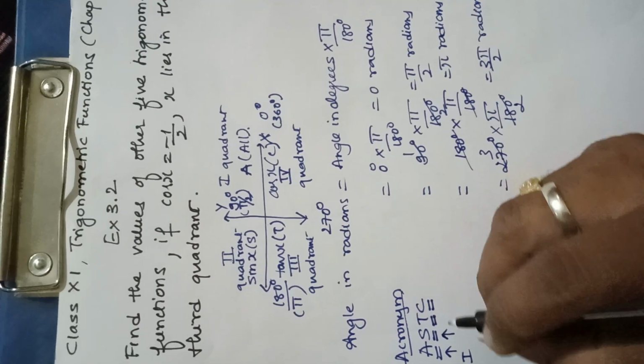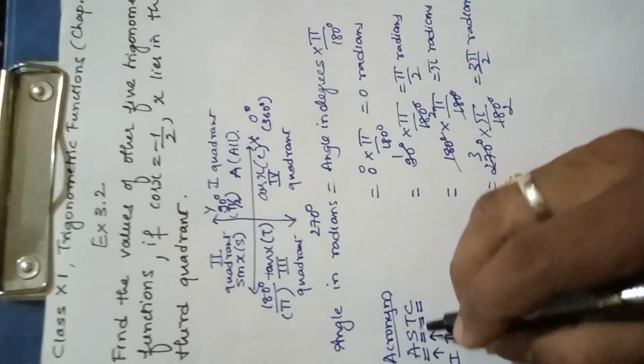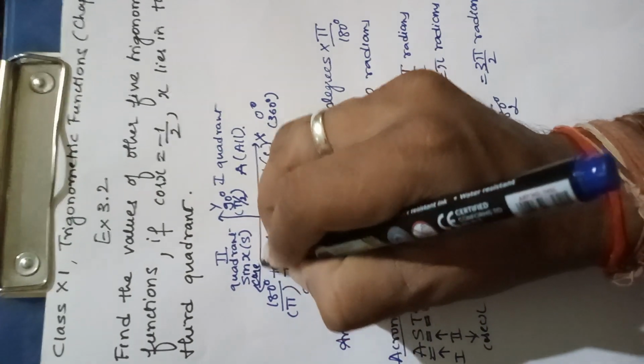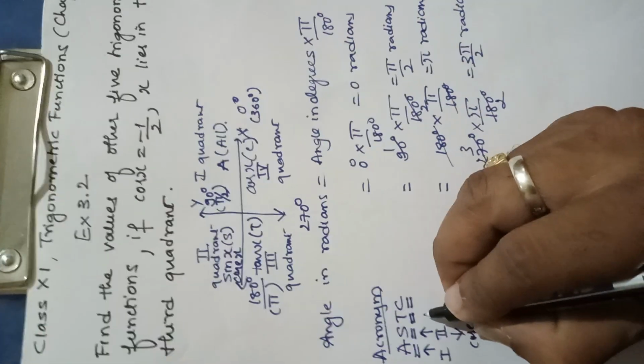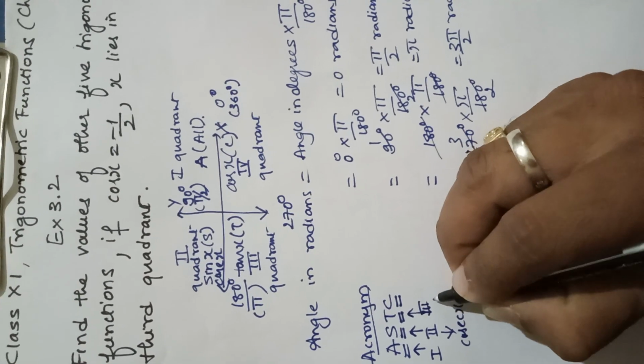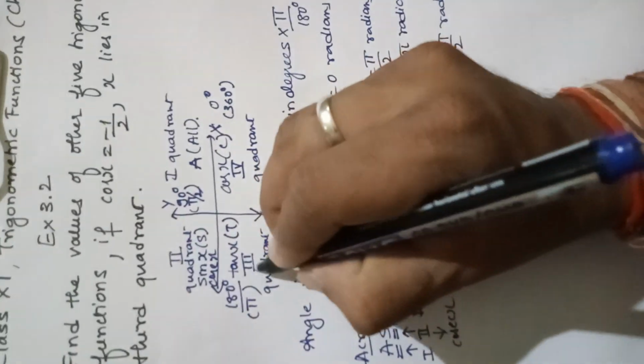In the second quadrant, sine will be positive. If sine is positive, its reciprocal, cosecant, also will be positive. So cosecant x also will be positive. In the third quadrant, tan is positive, which implies that cot, the reciprocal of tan, will also be positive.